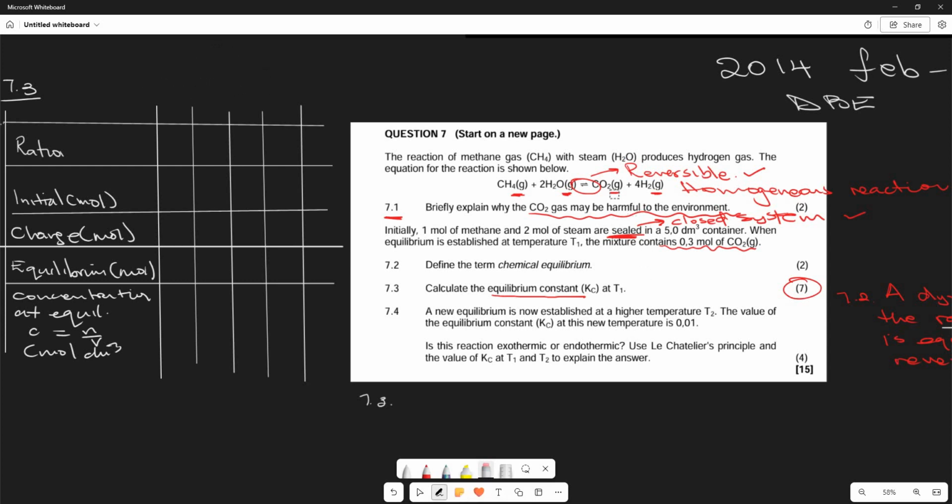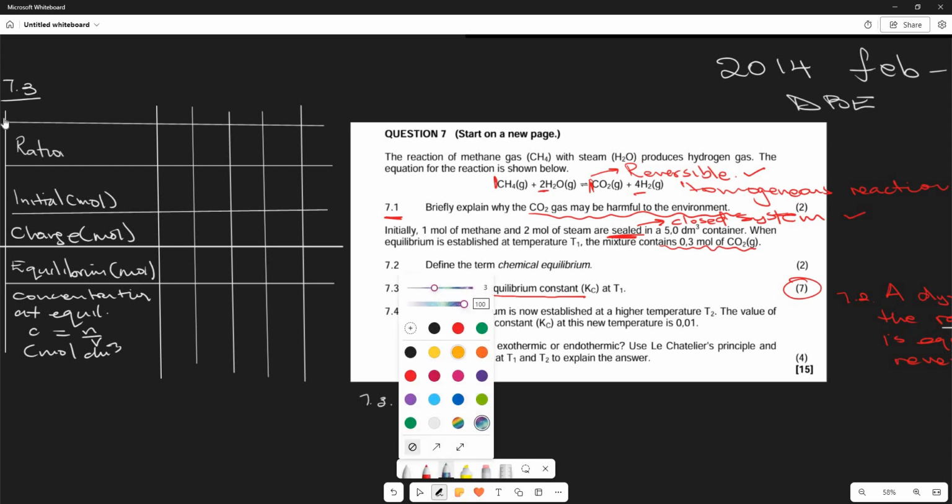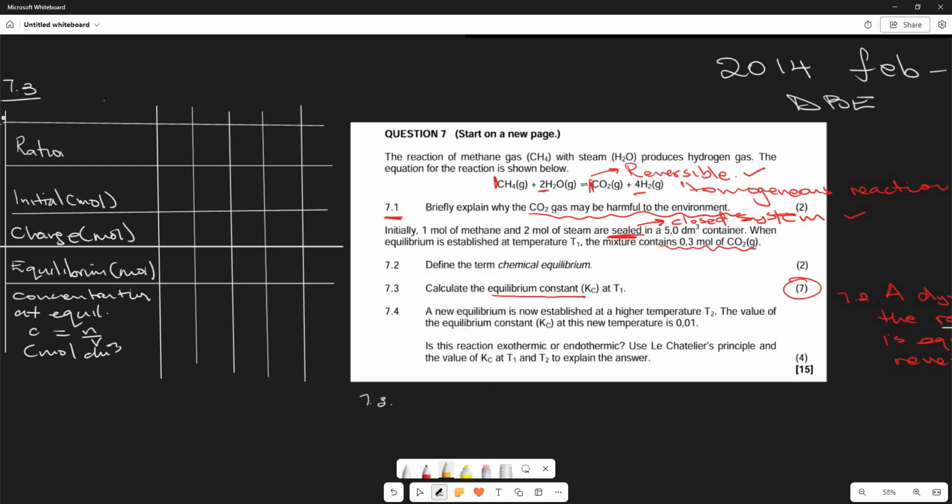We're going back to our reaction here. I want us to look at the moles. There is 1, there is 2, there is 1, there is 4. So that will be our ratios. So our ratios will therefore be 1, 2, 1, 4. So those are the ratios.